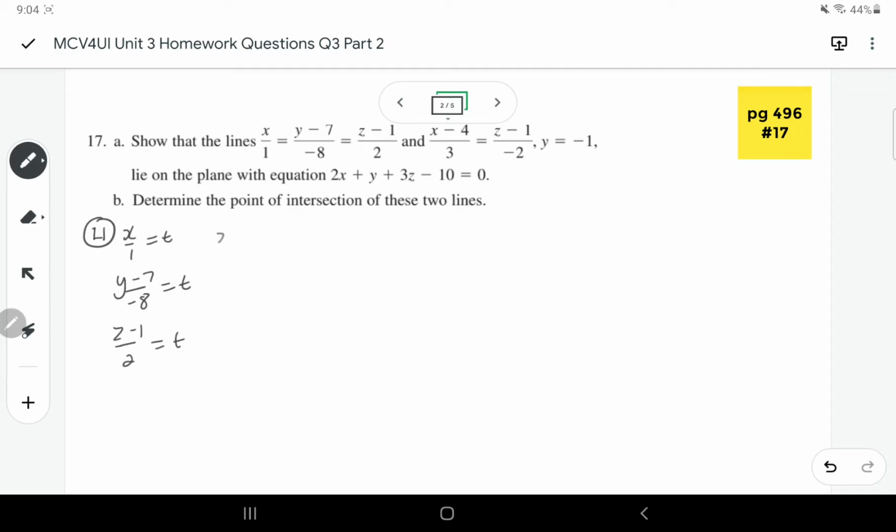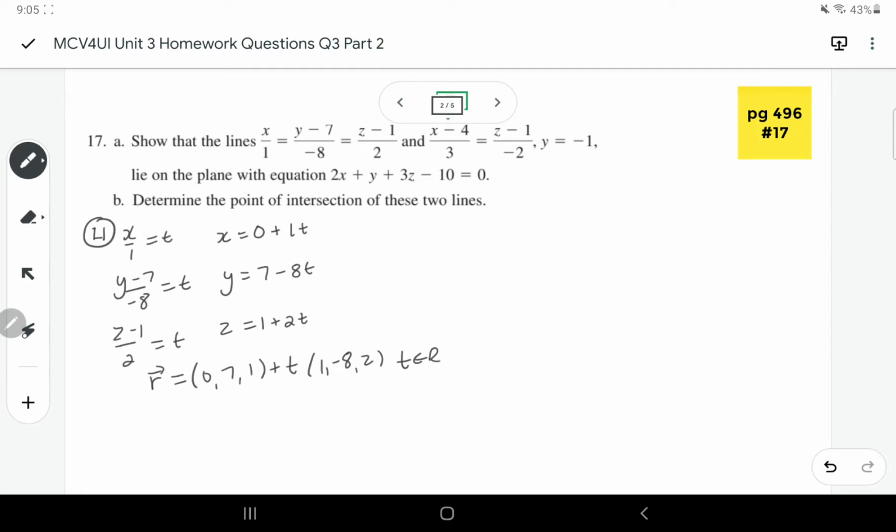Rewriting that into a nicer form, x equals 0 plus 1t, y equals 7 minus 8t, and z equals 1 plus 2t. So the vector equation of this line 1 is (0, 7, 1) plus t times (1, -8, 2), where t is any real number.